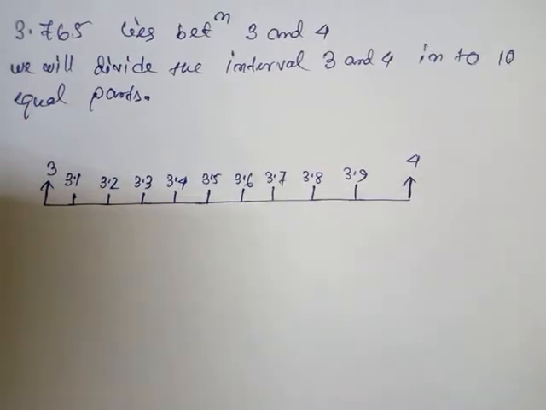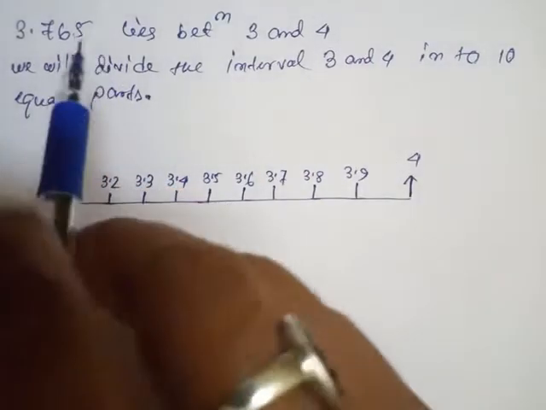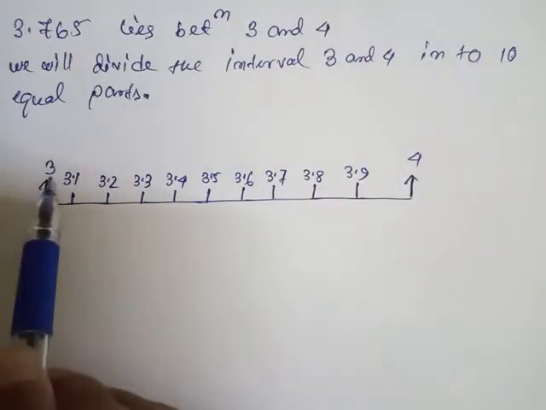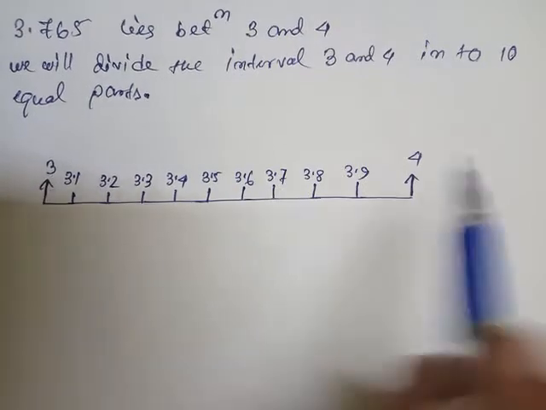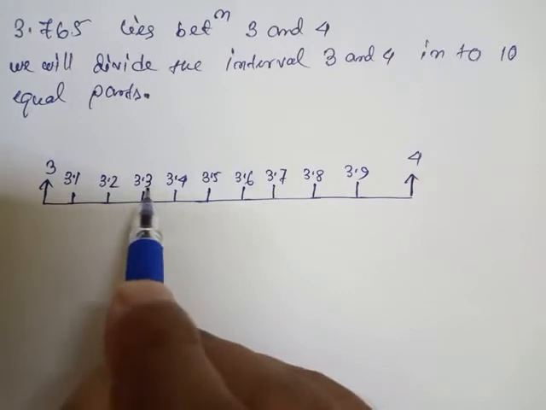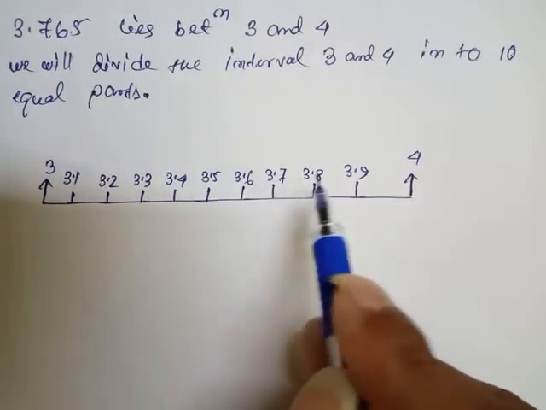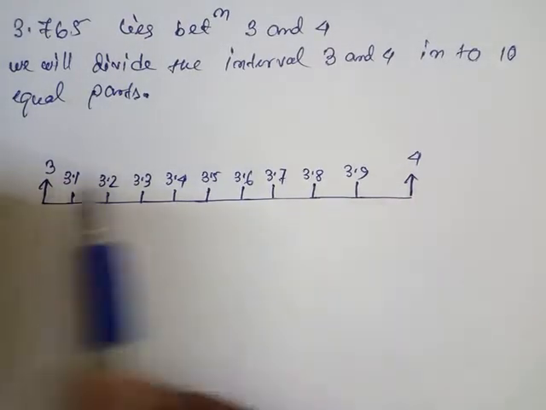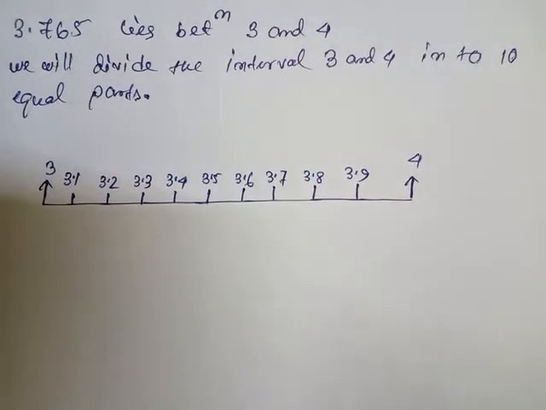Already I said that 3.765 lies between 3 and 4, so all the values should lie between 3 and 4 only. First is 3, then 3.1, 3.2, 3.3, 3.4, 3.5, 3.6, 3.7, 3.8, 3.9, and the last one is 4. This is our first step for solving this question.